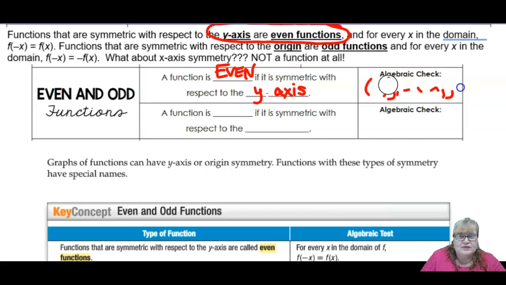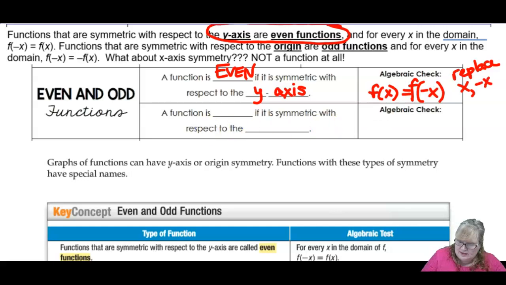I don't think that's how they wrote that. They wrote f of x is equivalent to, and you put the negative in for the x, so it's f of -x. Okay, but it means you replace x with -x. All right, a function is odd if it is symmetric with respect to the origin.